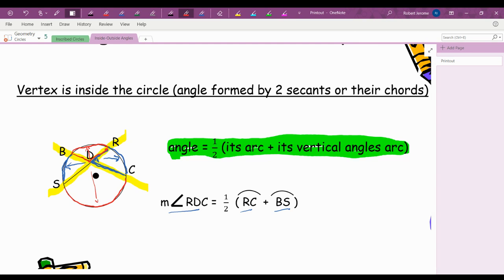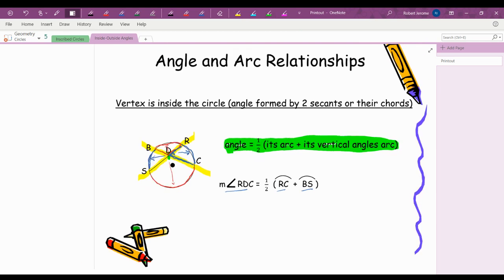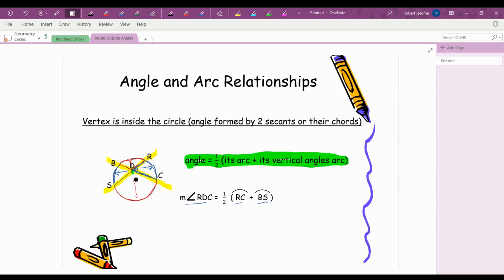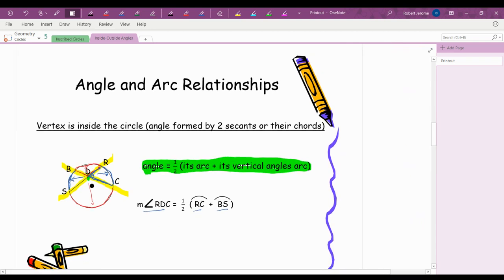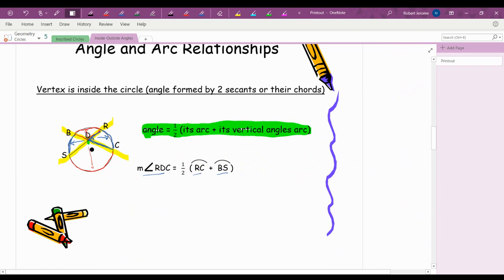The location of the vertex tells us what formula to use, and then we're defining the relationship. What are the parts that go into the formula? Geometry is all about the parts. And again, we'll do an example or two, just so we can see how it applies.